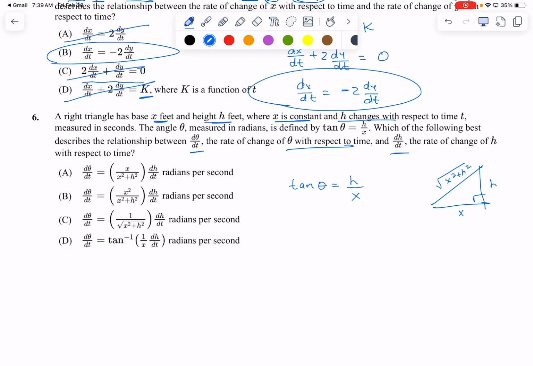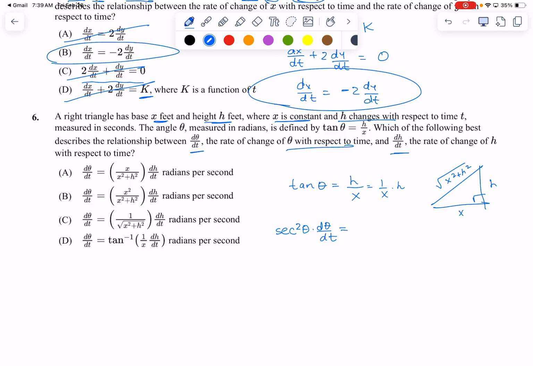All right, so the derivative of tangent is secant squared theta times d theta dt. This side, h over x, we can think of as 1 over x times h, because x is held constant. So you just treat 1 over x as a constant. Think of it as 1/2 h.